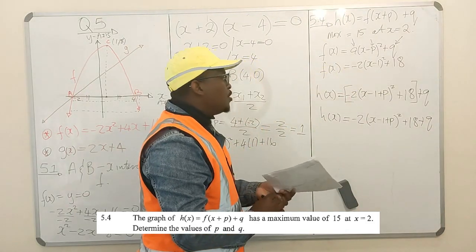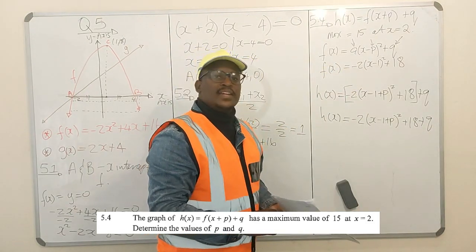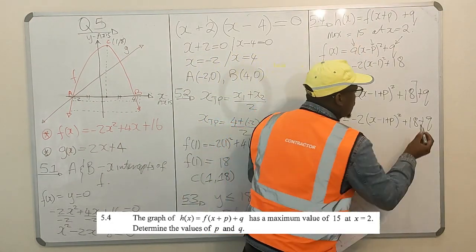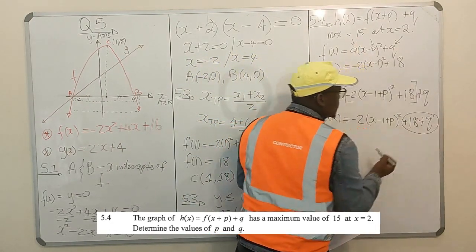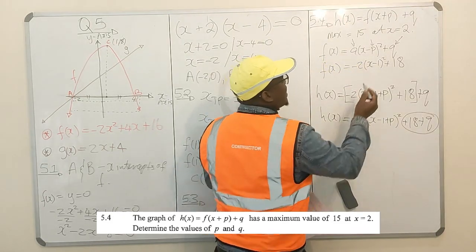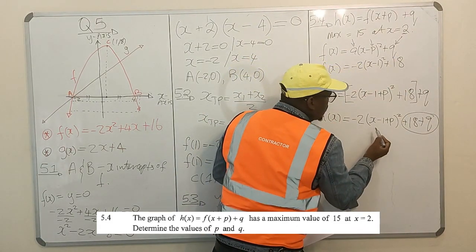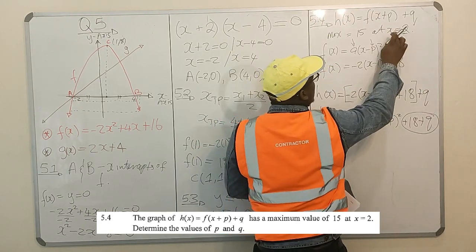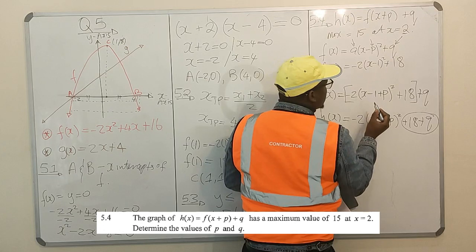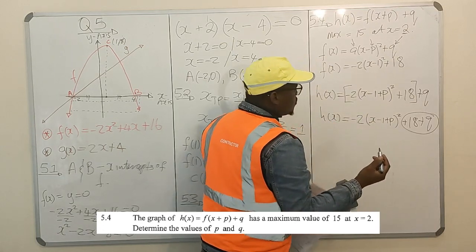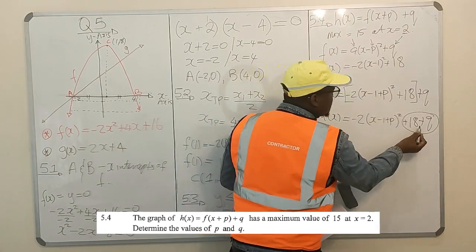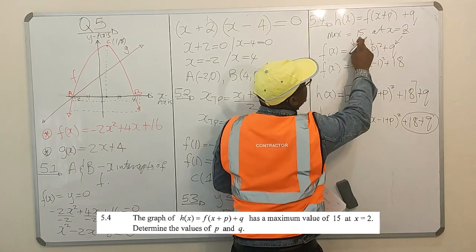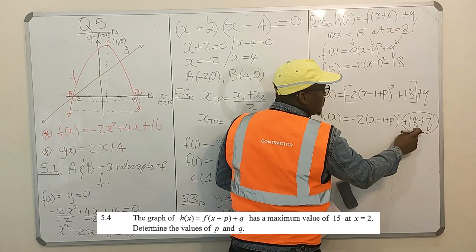So you are told that the maximum of this function is 15, which means this part is what? It's 15, this part, and x is equal to 2. So which means what you should do when you're here: this 15 is this part here.